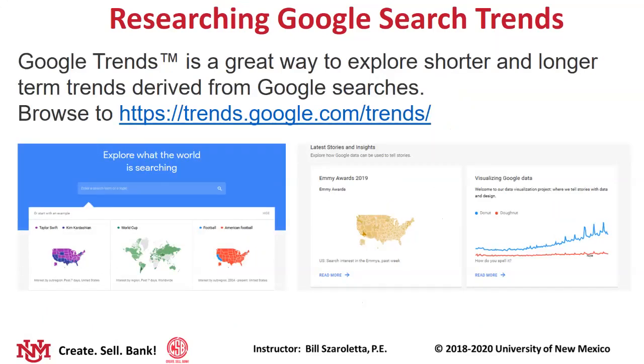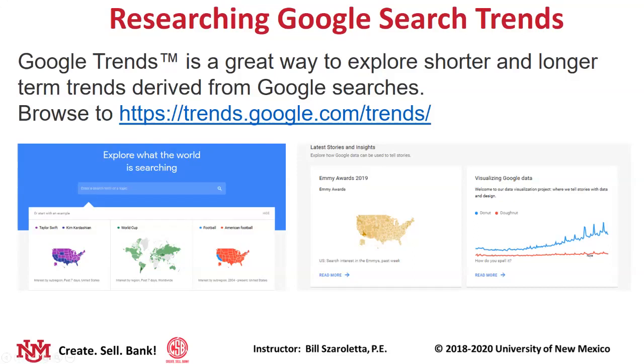And so I use it as a way to explore shorter and longer term trends that come from these Google searches. Here's the link all typed out. And if you go there, you can see what people are searching for, and it'll have major events that are showing up, the latest story in insights, and it'll have Google data.